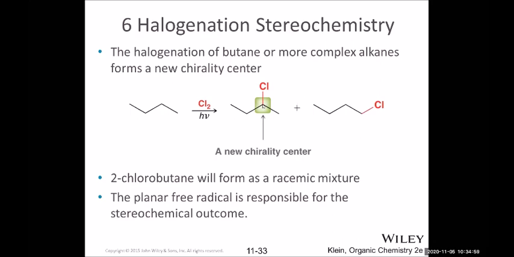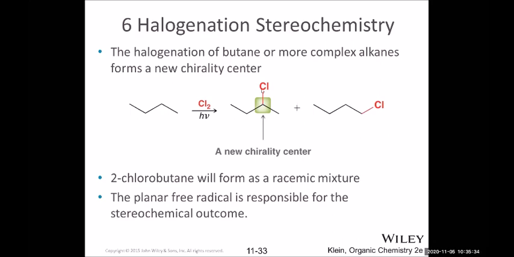It could have a chiral center, but we treat the free radical as a trigonal planar structure, even though in reality it is quickly flipping back and forth between trigonal pyramidal forms. On average it is trigonal planar, and that's why the free radical can be considered trigonal planar.